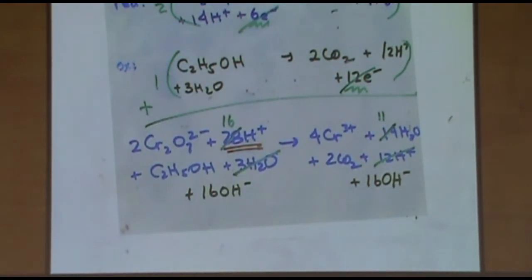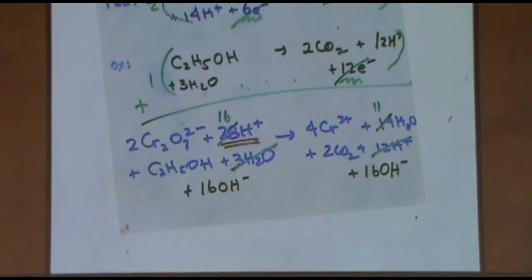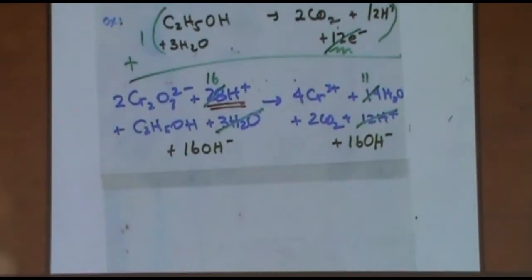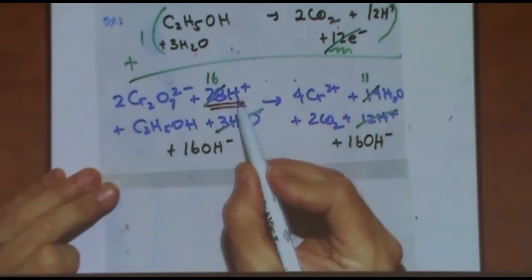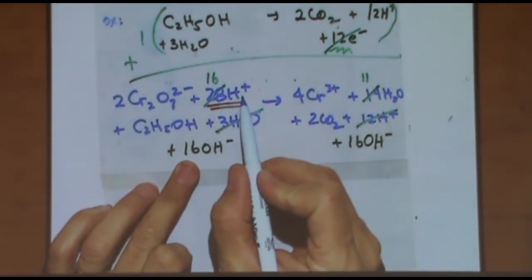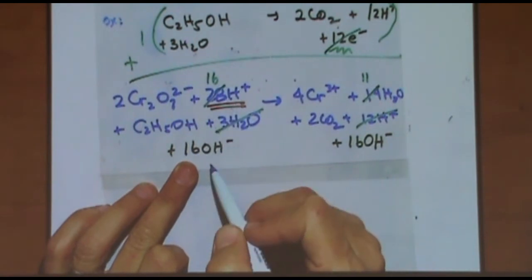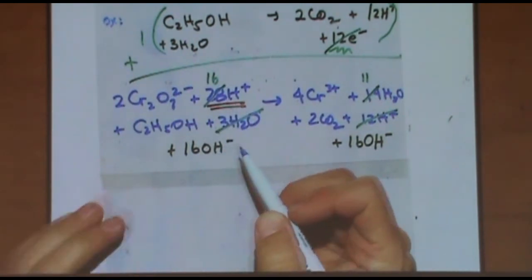So if there's 16 H pluses, to change to basic solution, you add 16 OH minuses. Okay, let's go to the new slide. All right, so how many waters will I get on the left just from this addition? 16, yeah, not 32.